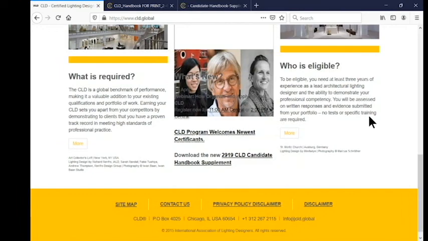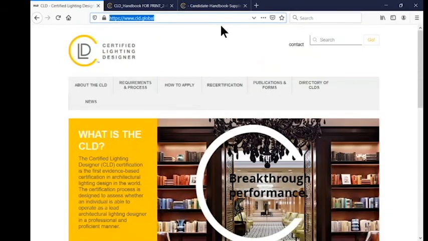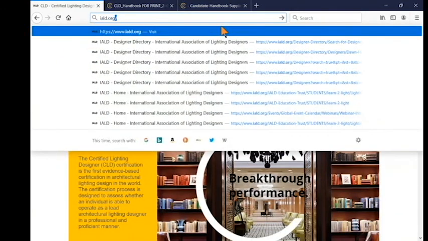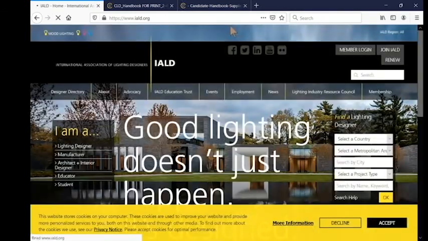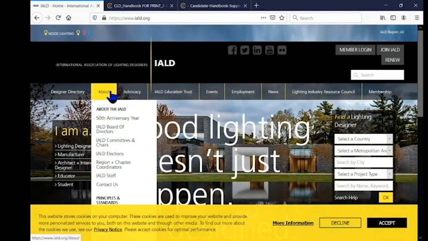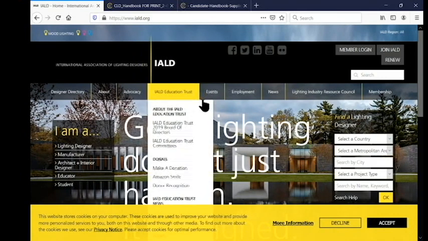If you go to IALD.org, under events and webinars, it's under there as well. Let me bring it up too, just so I know where I'm pointing. Under ILD, if you go under events and then float over it all the way to the right, it says webinars.